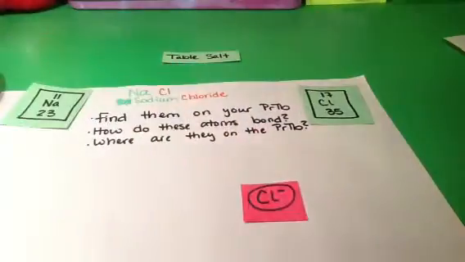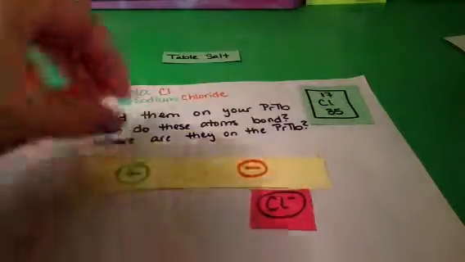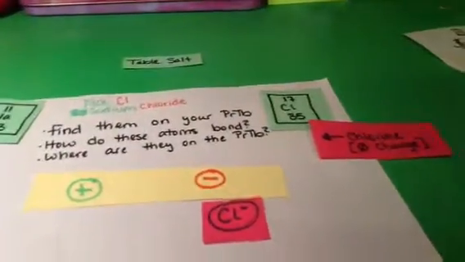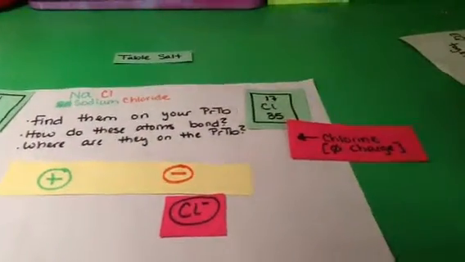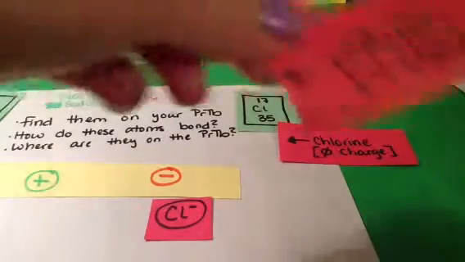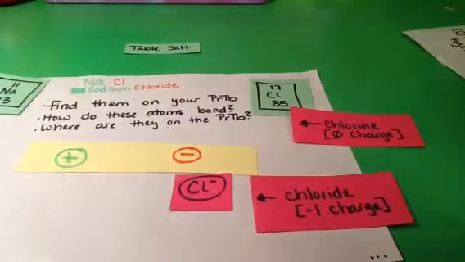But when we go through all of our steps and I end up with a negatively charged chlorine atom, when it's got a net charge of 0, it's classified as chlorine. When it's got a negative charge, it's classified as chloride.